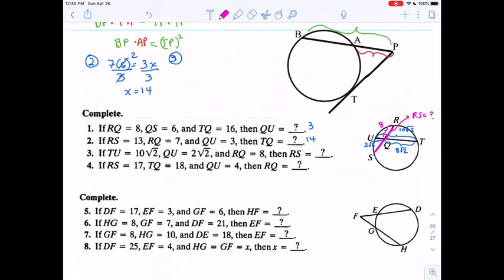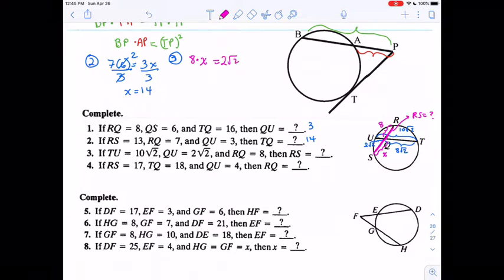We have the pieces of the blue chord TU, but we don't have it for the red chord. We're missing QS, so we'll assign a variable to it. We'll call that X. Now using that information, we have 8 times X, the pieces of the pink chord, equal to the product of the pieces of the blue chord.